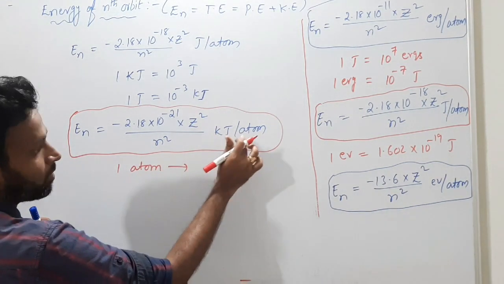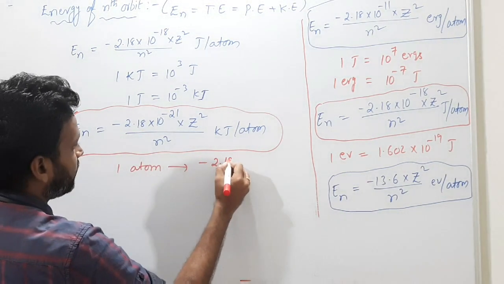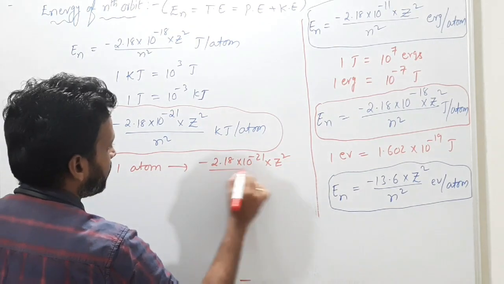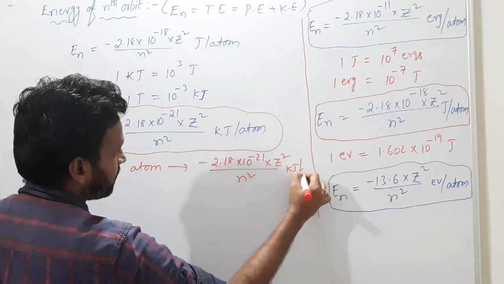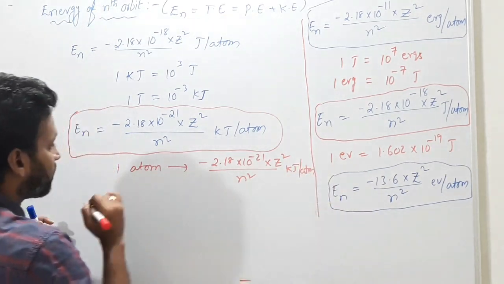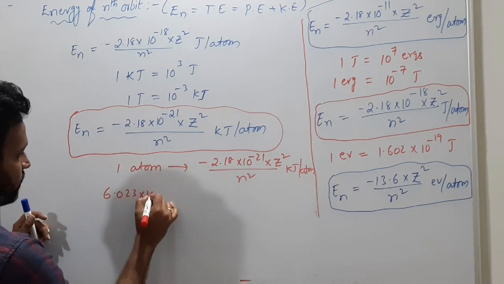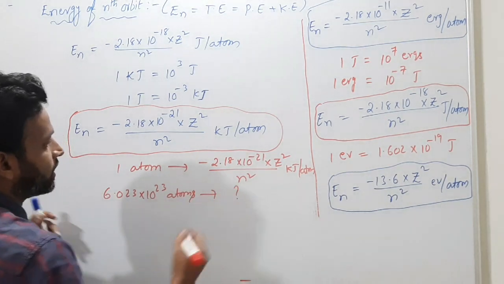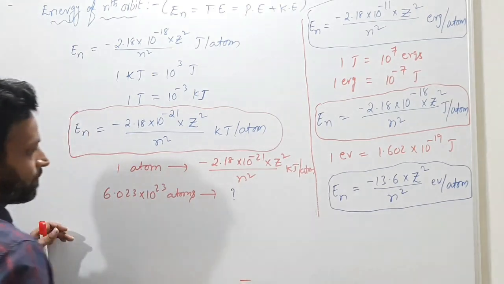For one atom the energy is minus 2.18 into 10 power minus 21 into Z square by n square kilojoules per atom. Per mole I want, means I have to consider Avogadro number, 6.023 into 10 power 23 atoms. How much energy?